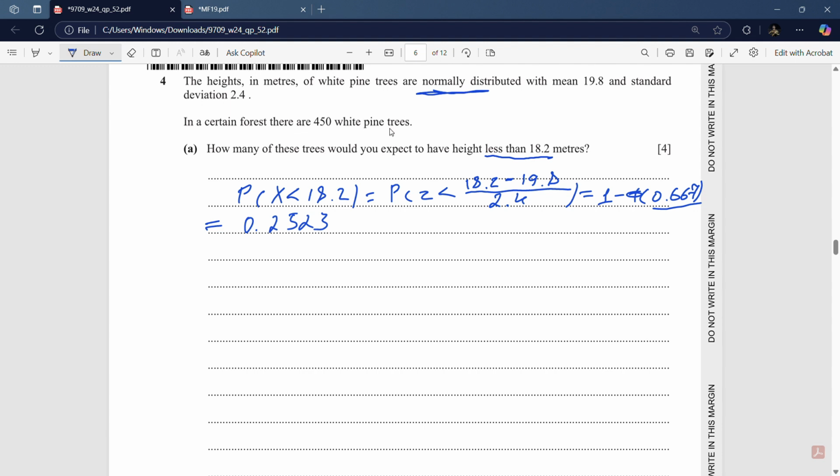So if we take 450 white pine trees, we will be having approximately 113 white pine trees. Because it gives a non-exact numerical number, it would be either 113 or 114.